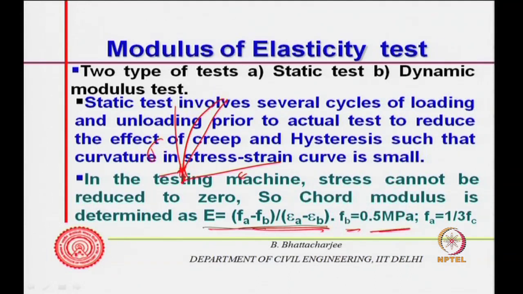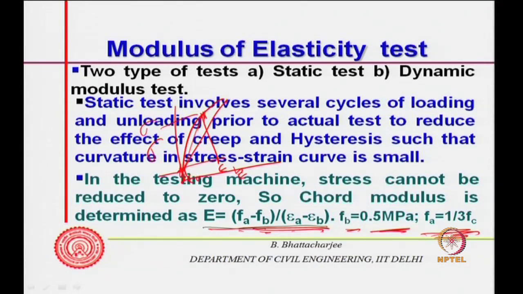Corresponding to a minimum stress of 0.5 MPa, up to 1/3 Fc, which is prior to severe micro cracking. So, it is F a minus F b over epsilon a minus epsilon b. This is your epsilon b, this is epsilon a, and sigma or f, whatever you call it.